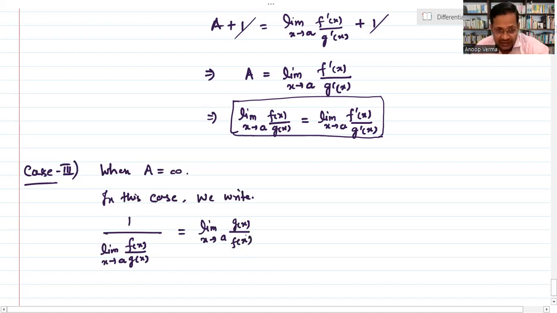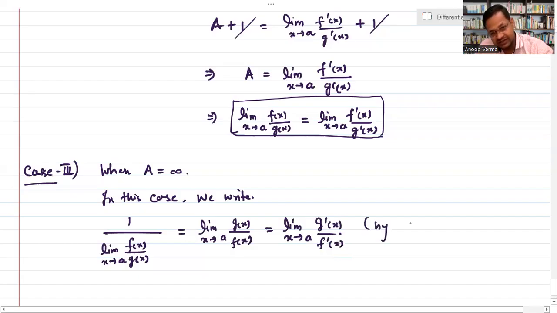Okay, and if it is infinity, then the reciprocal will be equal to 0. If it is equal to 0, we can apply the previous second case, because if the limit is 0, in that case we can apply the derivative rule. So it will look like limit x tending to a, this is equal to g dash x divided by f dash x. Okay, you can say by the case second.